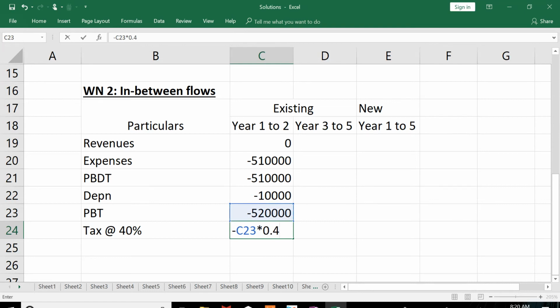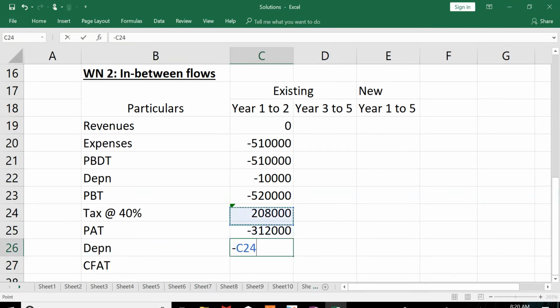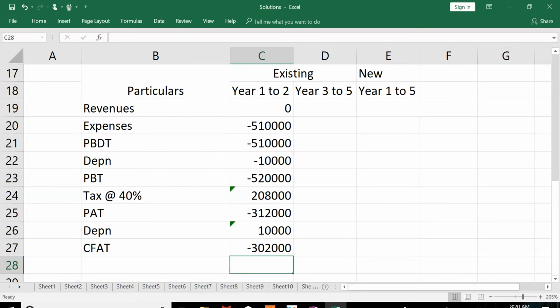Any expense you incur, you are going to save tax on that. PAT, depreciation, CFAT. Depreciation is adding back 10,000 and my CFAT is going to be negative 3,02,000. Let it be negative 3,02,000.